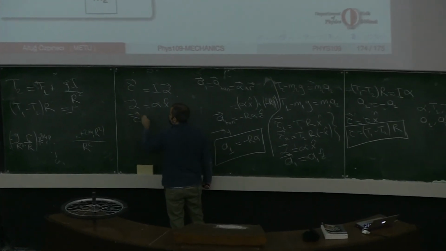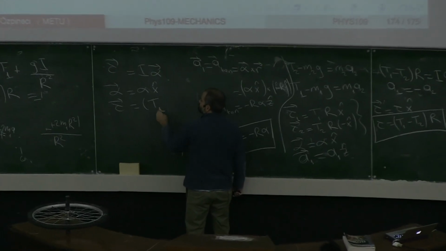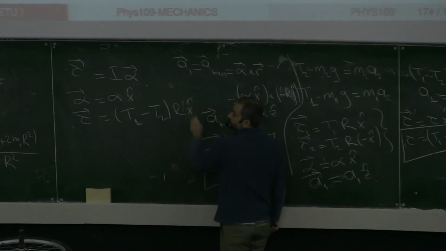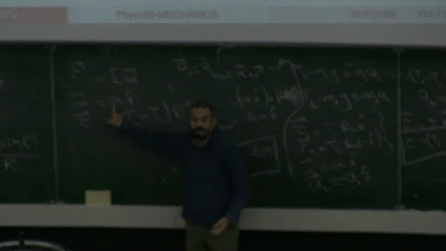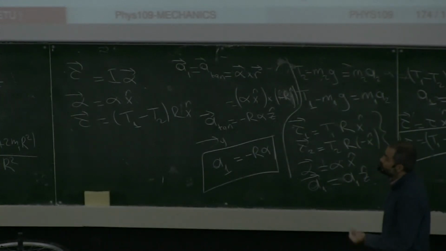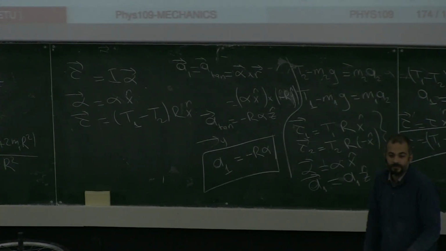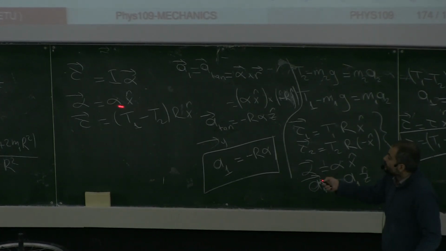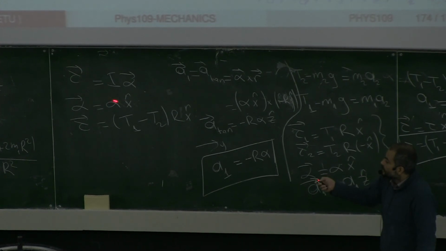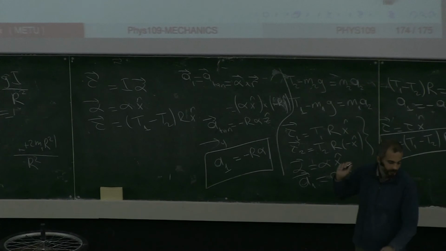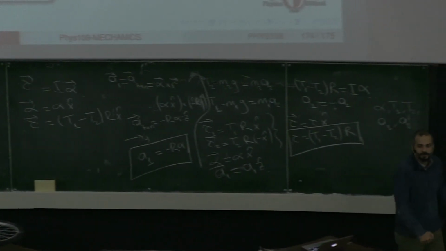My torque is T1 minus T2 times R in the x-hat direction. I don't know the sign of alpha. The sign of alpha should be given at the end of the calculation, depending on my masses. Alpha might be positive or negative. But whether alpha is positive or negative, this relation always holds. So I don't need to assume that alpha is positive.